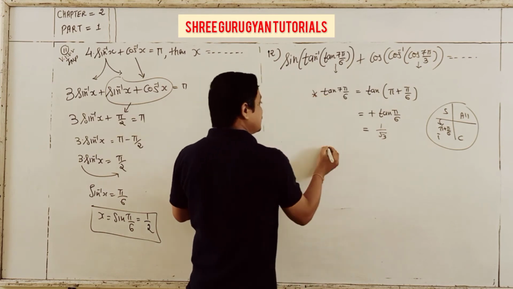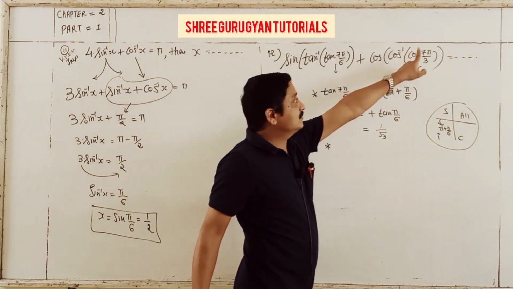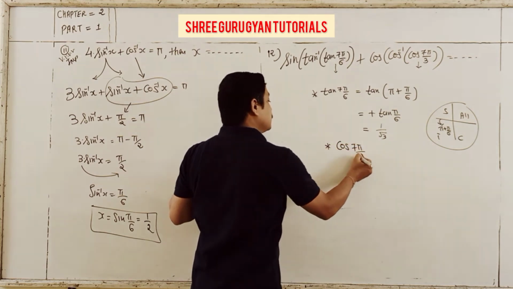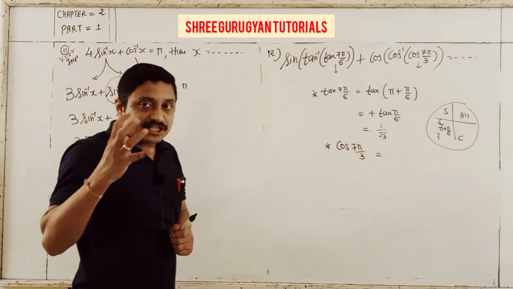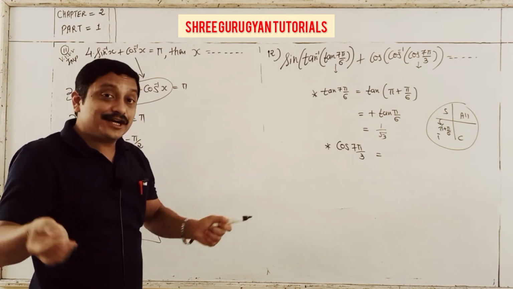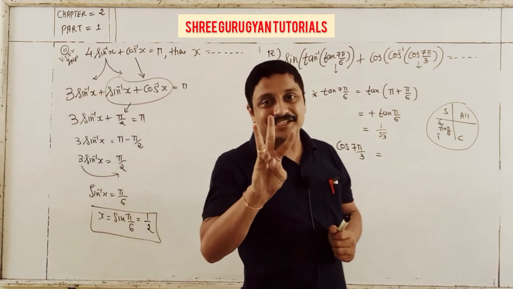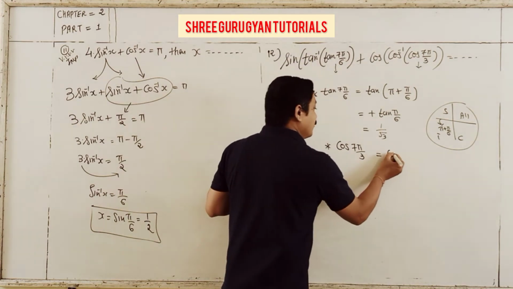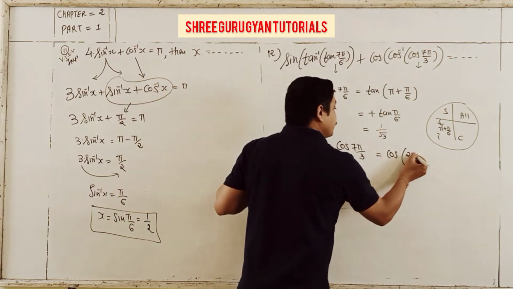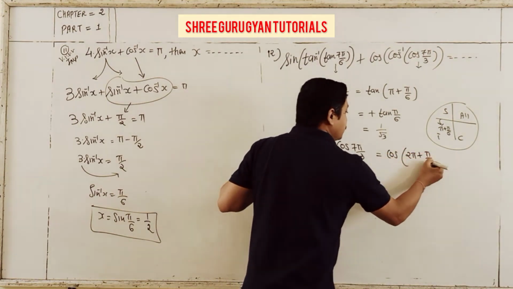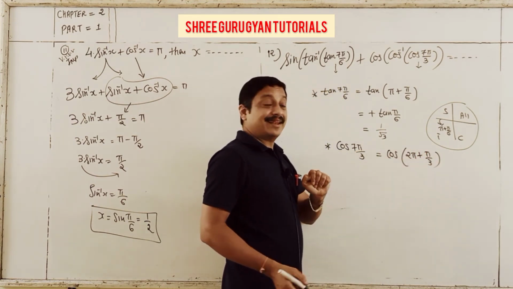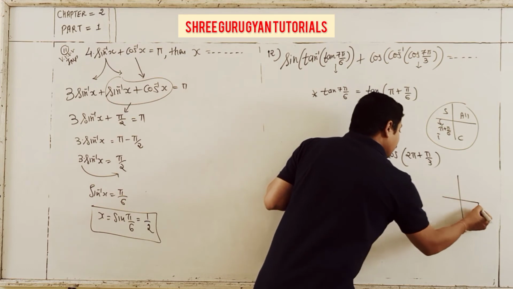Similarly, students, start with the internal part: cos 7 pi by 3. The 3 table nearest to 7 gives cos of 2 pi plus pi by 3, correct? 3 twos are 6, 6 plus 1 is 7, and exactly 2 pi is here.